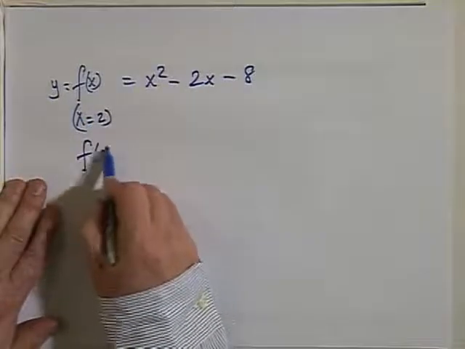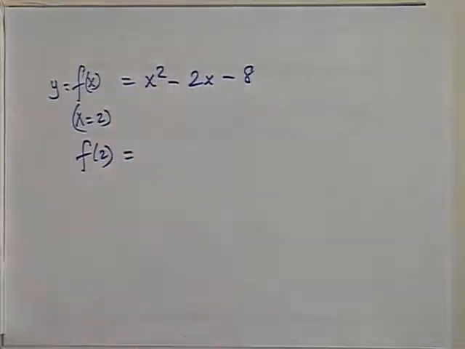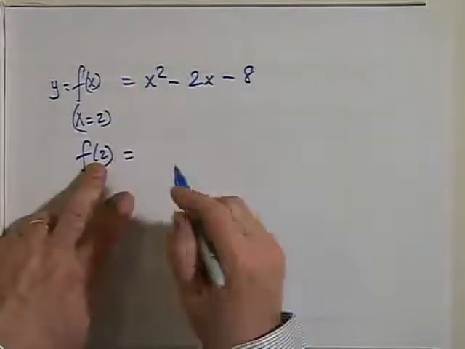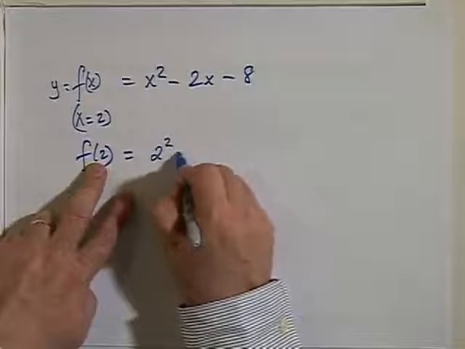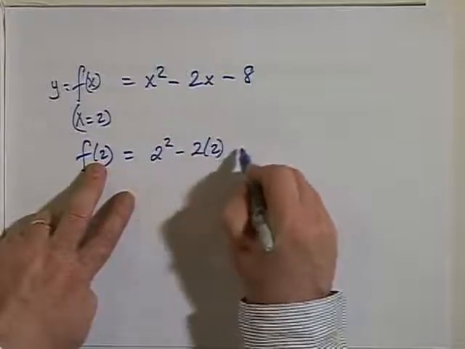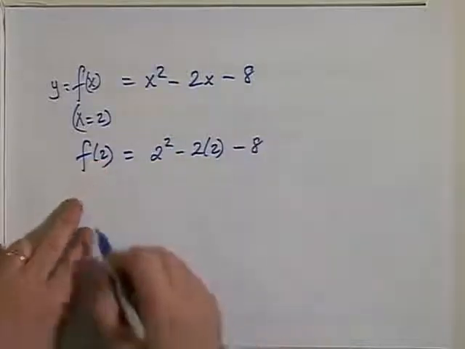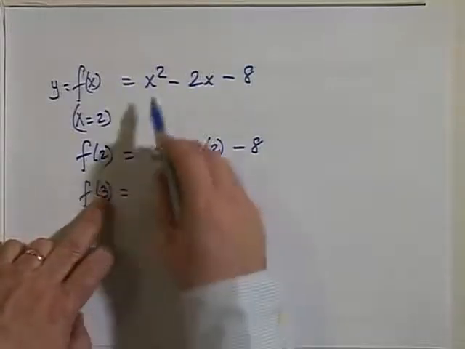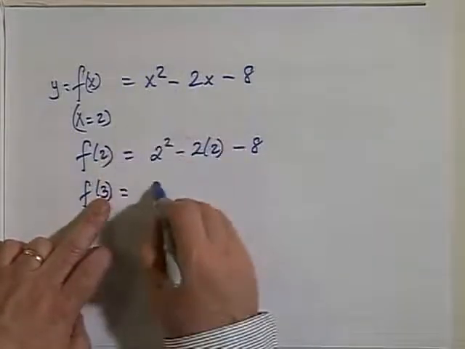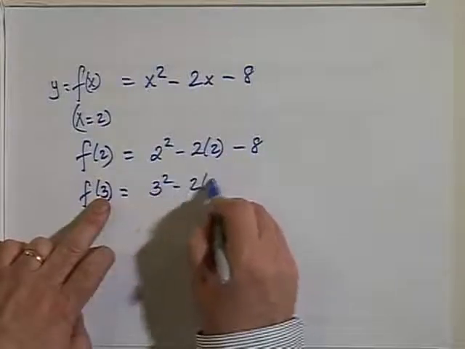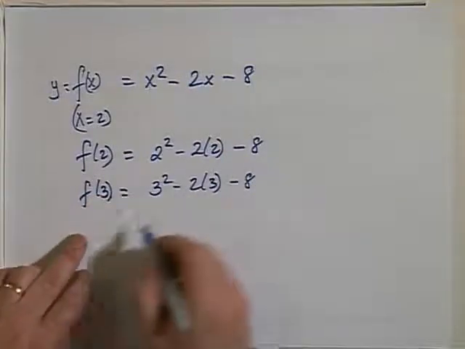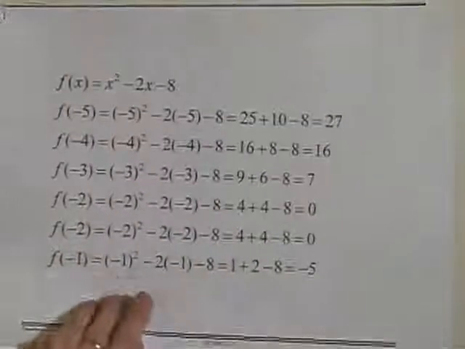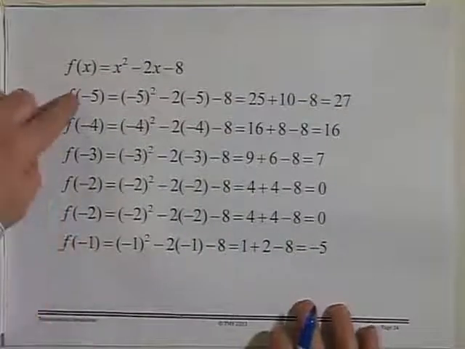What is f of 2? And just as we did before, anywhere there was an x, we plug in the number 2. So 2 squared minus 2 times 2 minus 8. F of 3, we would say plug in the number 3 everywhere you see an x. 3 squared minus 2 times 3 minus 8. F of 4, etc.